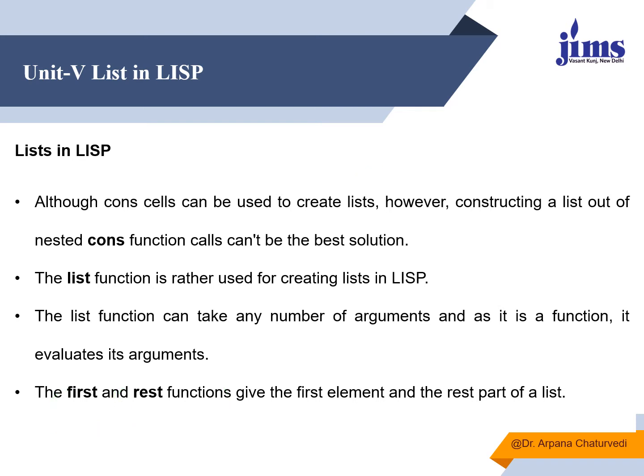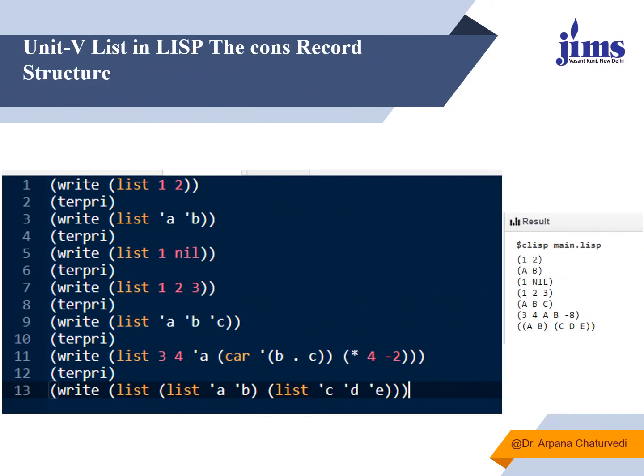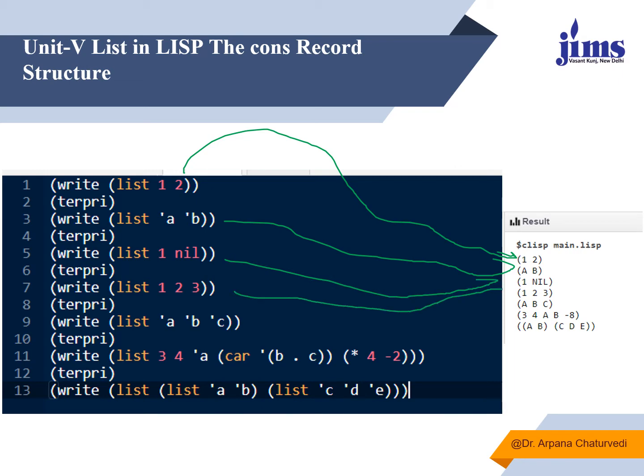So in this example you can see, list 1 2 will create a list 1 2, list A B gives A B, list 1 0 gives 1 0, list 1 2 3 gives 1 2 3, ABC gives ABC.